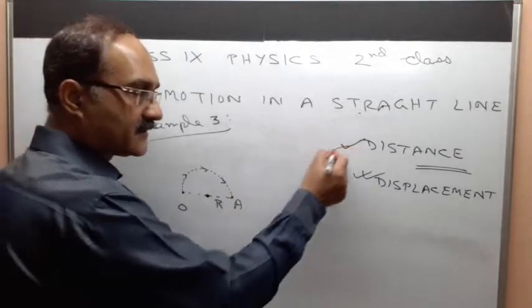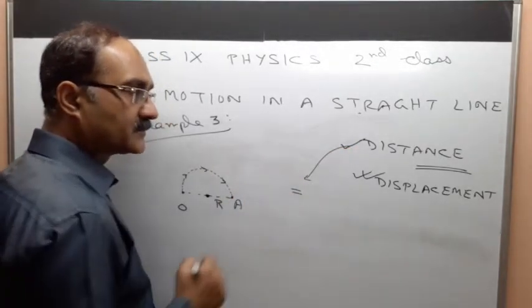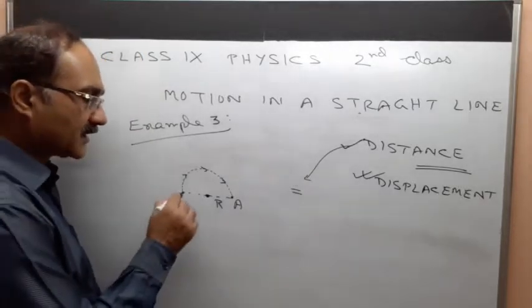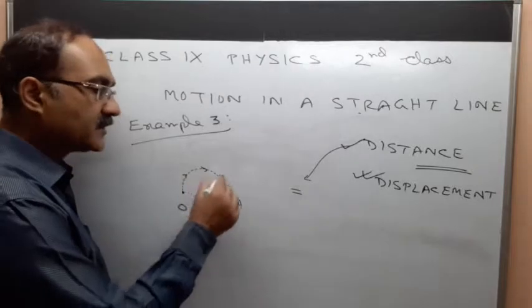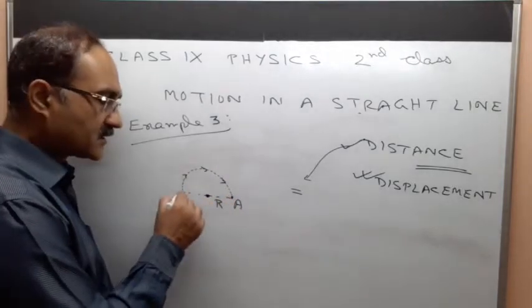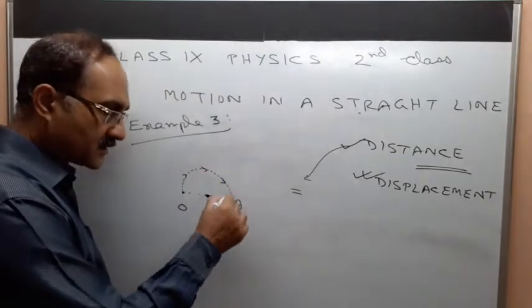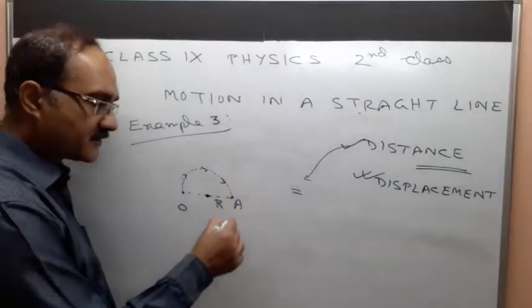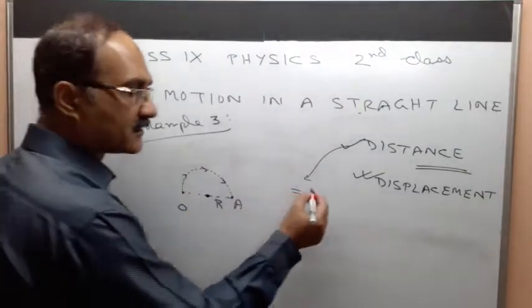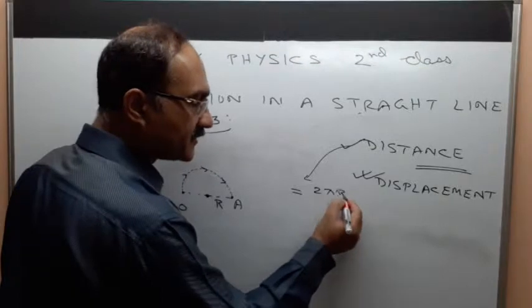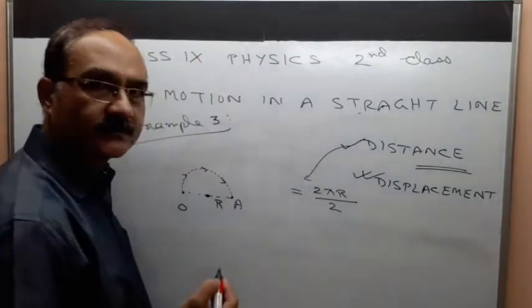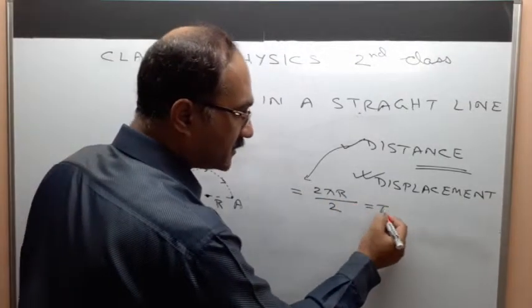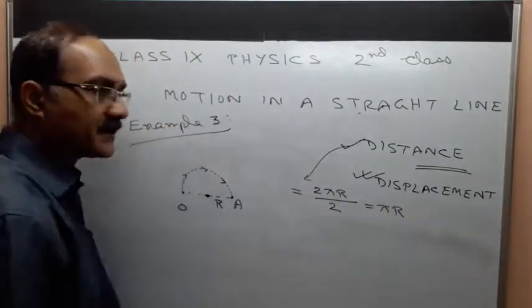The distance traveled here will be equal to length of this part. How much will be this? Say this is a circular part. This is half of the circumference. The circumference of the circle is twice pi r. Half of that will be divided by 2. That means the distance traveled here is pi r.